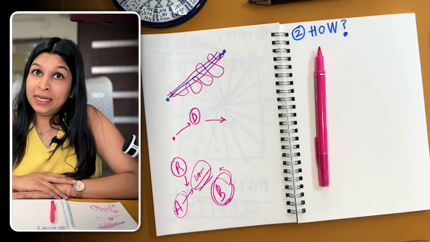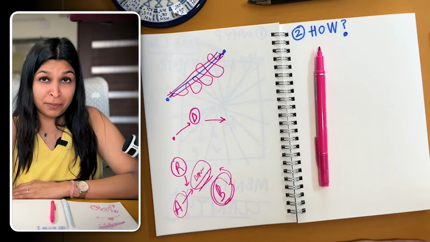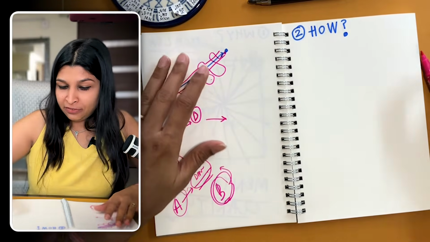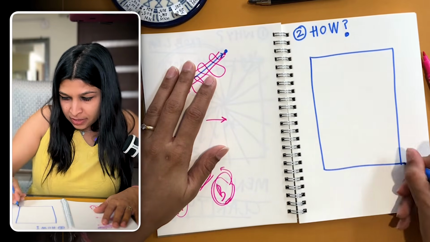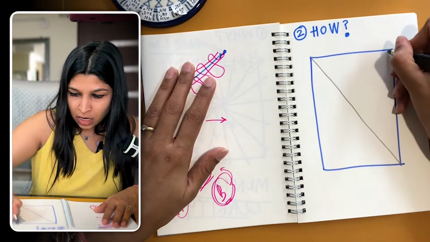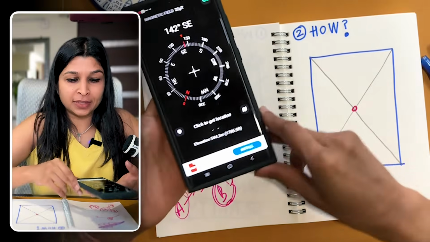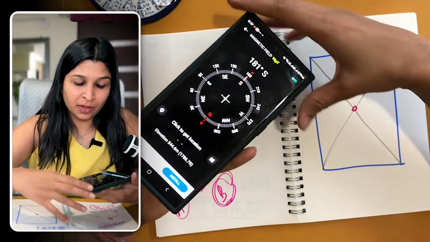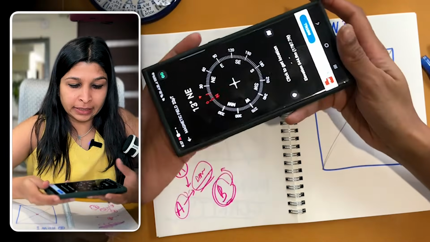Now that being said, let's understand how to check the northeast direction of my property. If this is your house, you need to first identify the center of your house like this. Once you're standing in the center of your property, rotate your phone till it says 33 degrees.